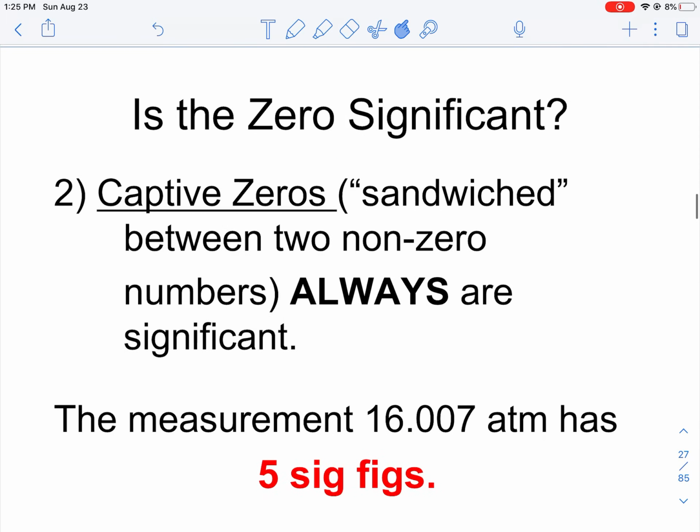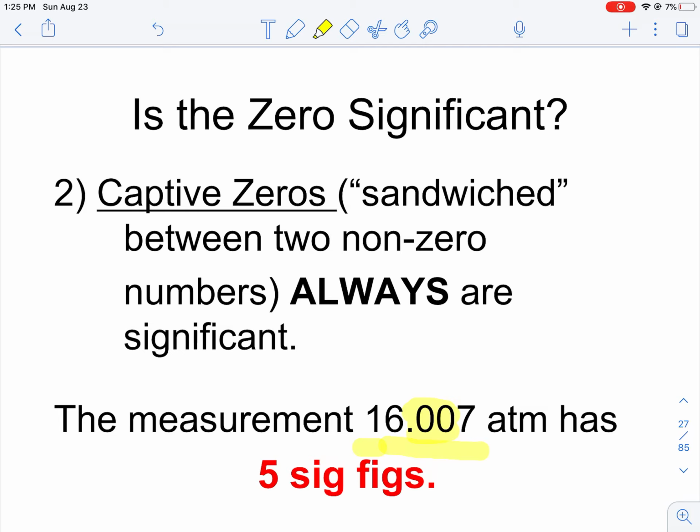Okay, second rule. The first rule is pretty easy. The second rule is really easy too. Captive zeros are the ones in between, regardless of whether or not there is a decimal place. So here are our captive zeros. They're sandwiched, so they're always significant because they're sandwiched between non-zero numbers. Therefore, there's 1, 2, 3, 4, 5.